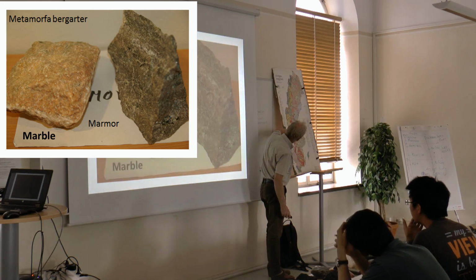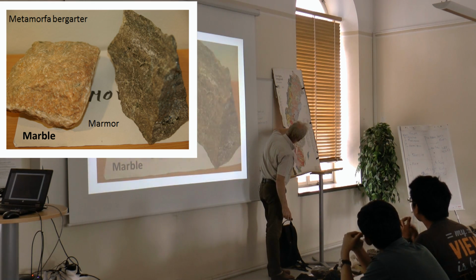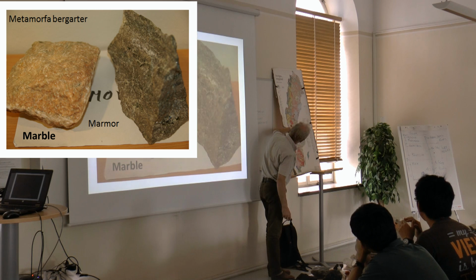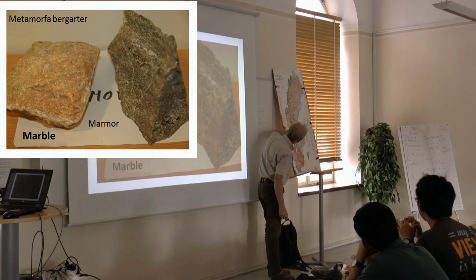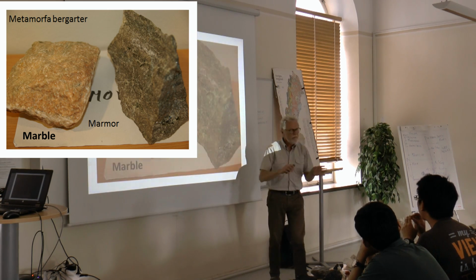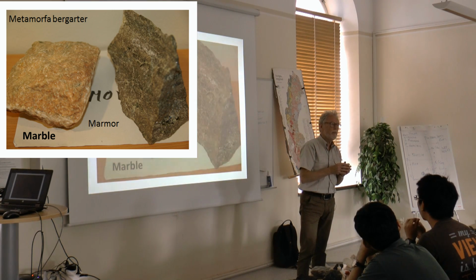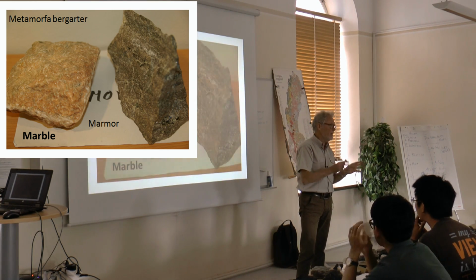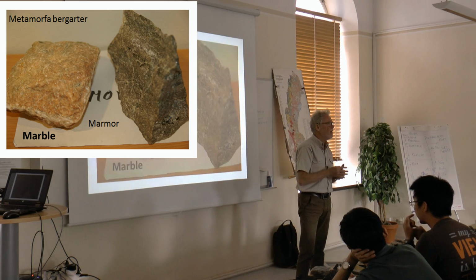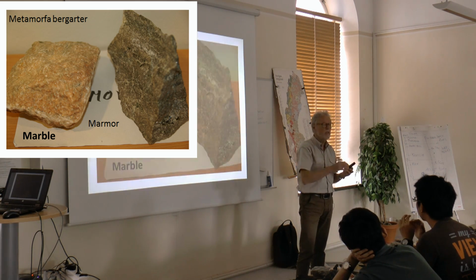Up here in the middle part, at about the same latitude as Stockholm, we have some small area of marble, but it is not of very good quality. This one is white and fine, but normally it's greenish, mixed with different minerals and so on.